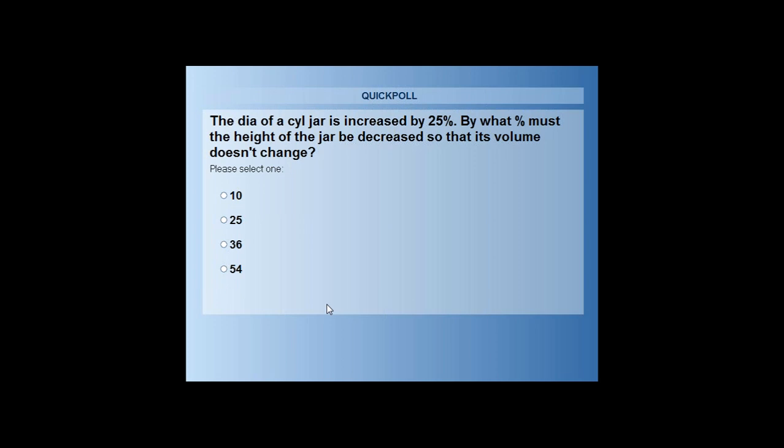Got some response coming in. Waiting for others to respond.